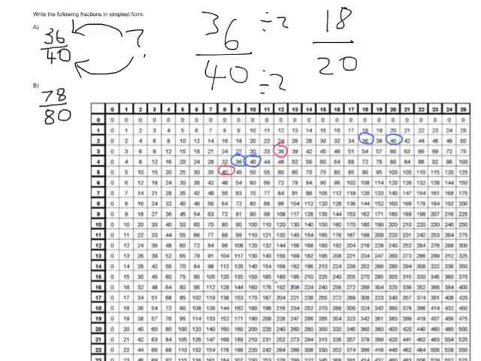Well, remember the rule is to find the numerator and the denominator in the same row or the same column. So let's try and find 18 and the number 20 in the same row or the same column. So now I'm looking for the number 18 and 20. I can find the number 18 here and I can find the number 20 here.